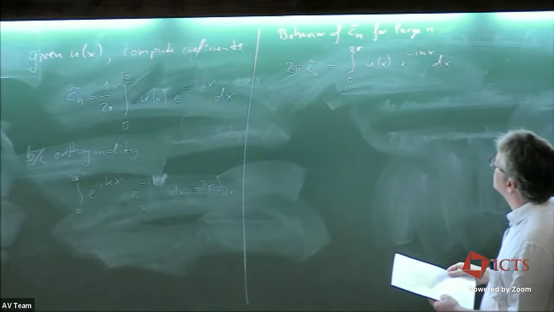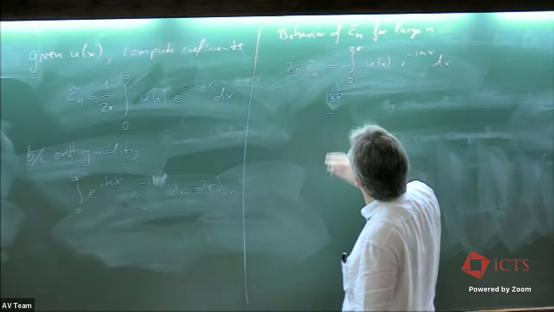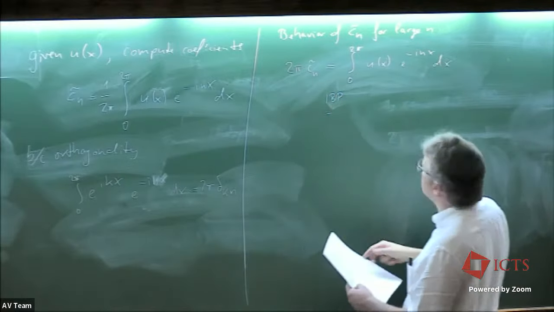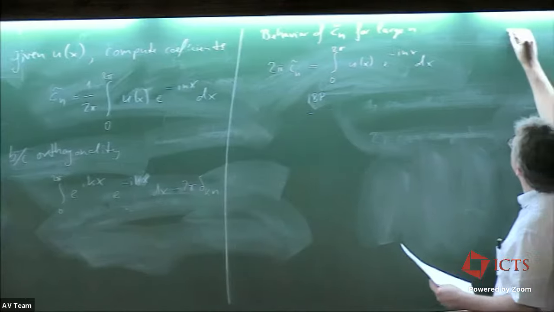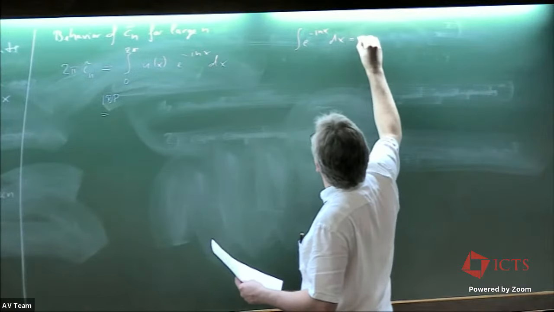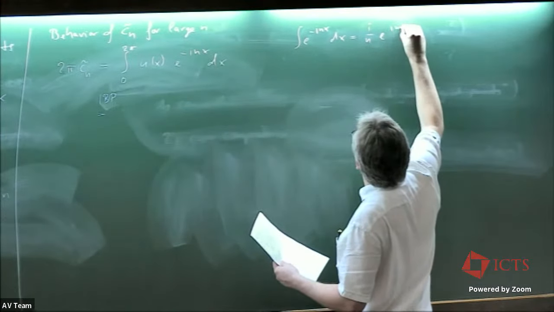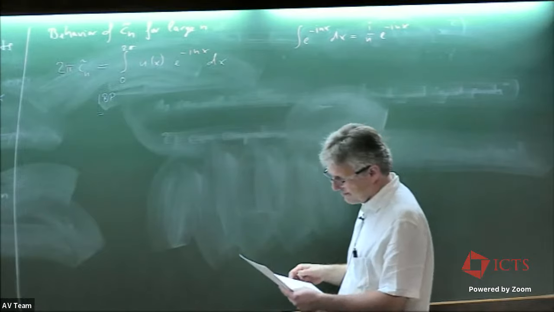And I'm going to happily integrate by parts here. And I'm always getting this wrong, so I'm really happy having my notes here. The important thing you need is that the integral of e to the minus inx dx is i over n e to the minus inx.